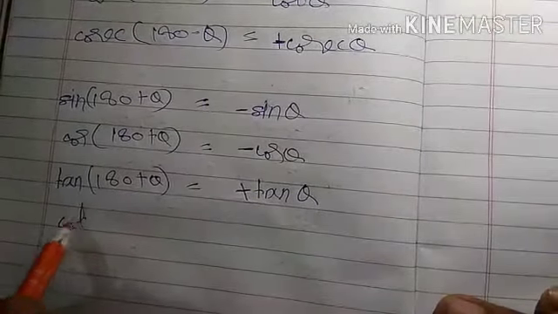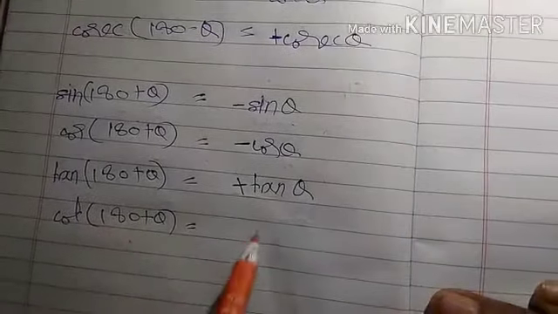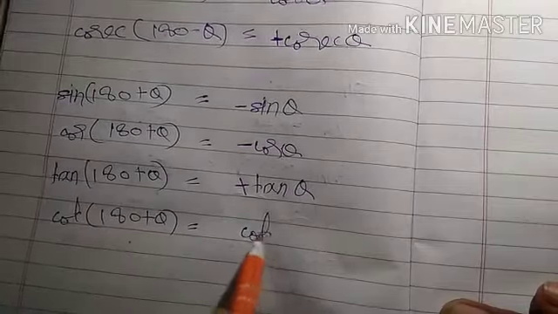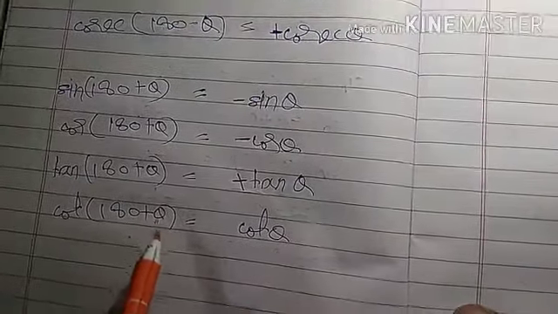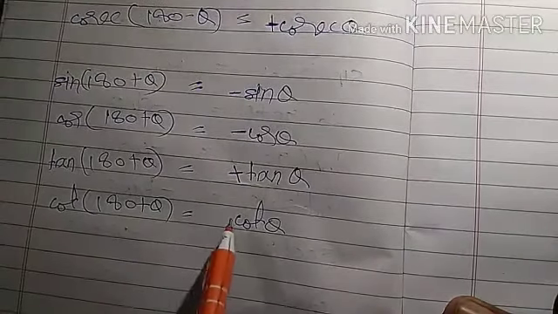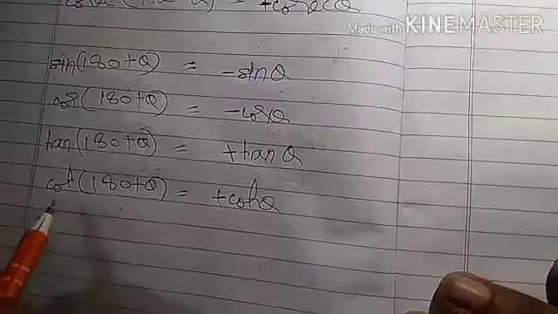Next cot(180 + θ): functions change is not allowed, so cot θ. It is in the third quadrant, only tan θ and cot θ are positive, so cot θ is positive.